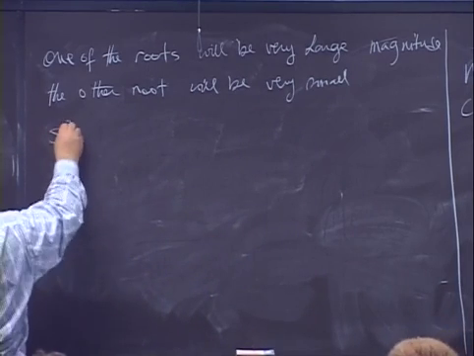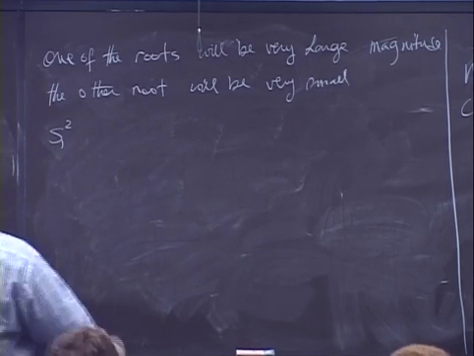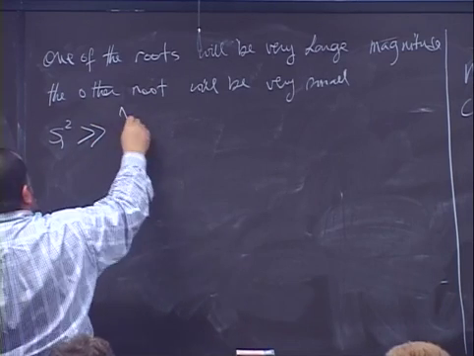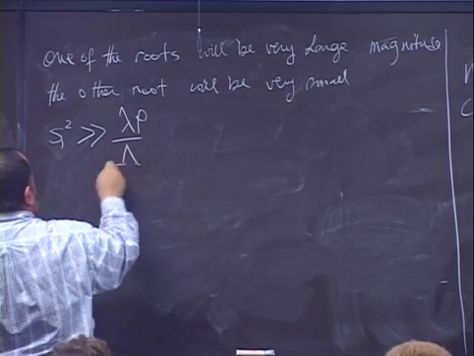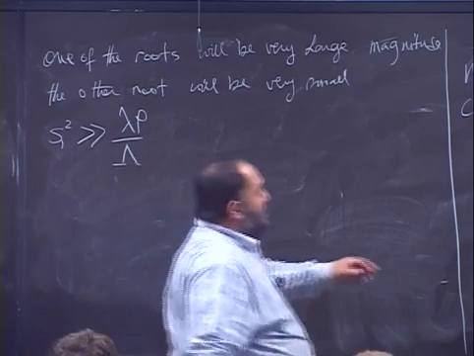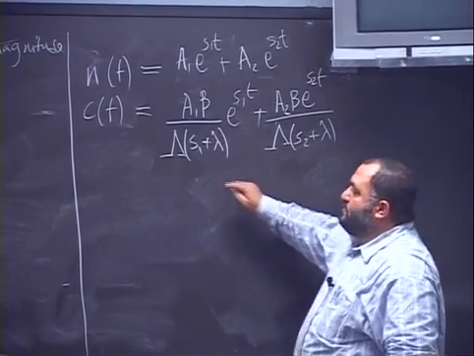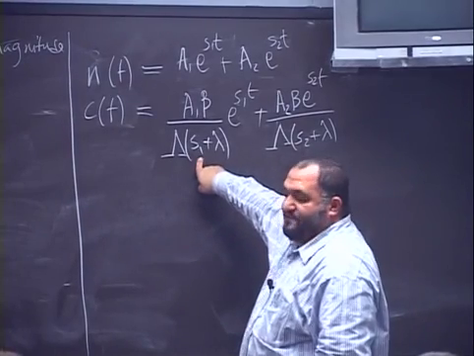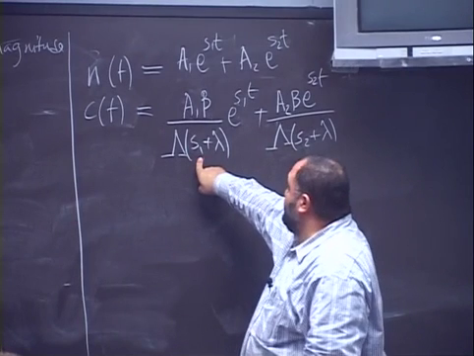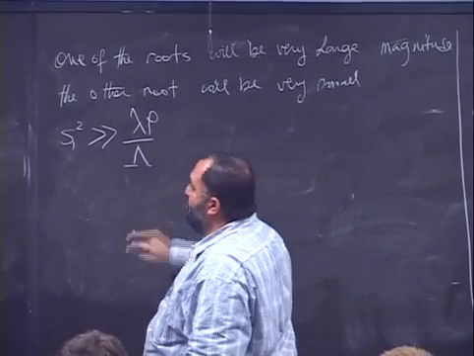So S1 squared will be much greater than lambda rho over gamma. So here we have S1 and we have S2. So if the root S1 is very large, it's very large compared to this lambda rho over gamma.